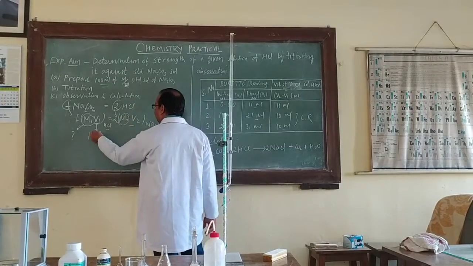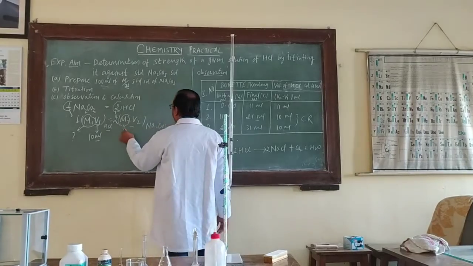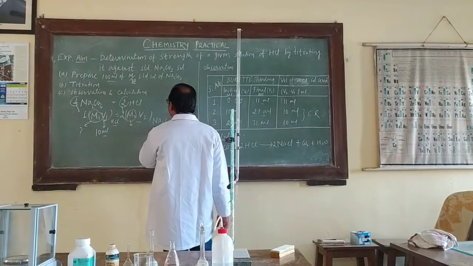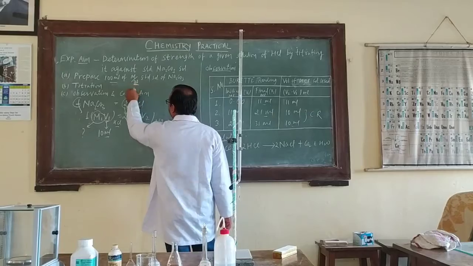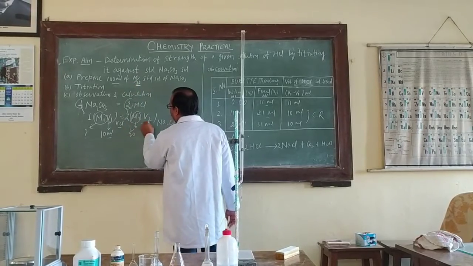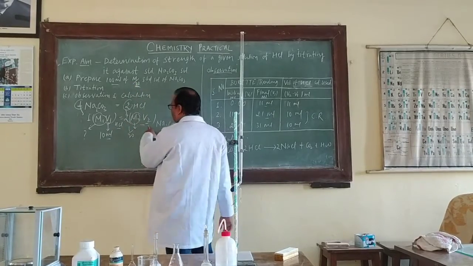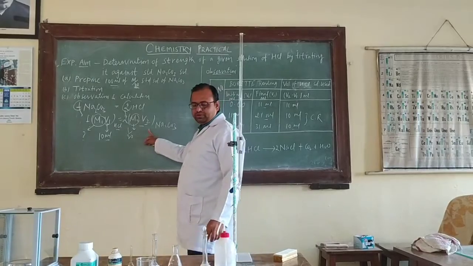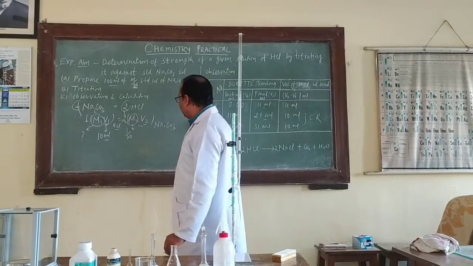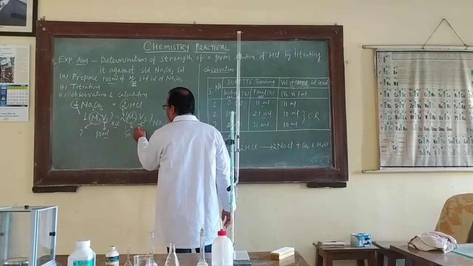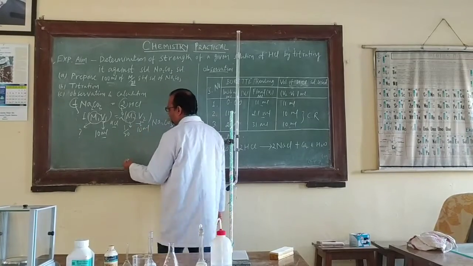Now M2 is the molarity of sodium carbonate. It is equal to 1/20, and the volume of sodium carbonate comes from the pipette. We have taken 10 ml of solution, so we write 10 ml.